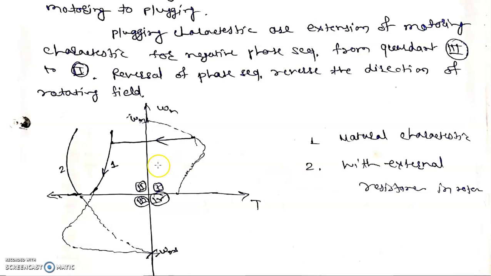There are two characteristics plotted here. This characteristic is the motoring mode characteristic, while characteristic 1 and characteristic 2 are for plugging. Characteristic 1 is the natural characteristic of induction motor drive when operating in the plugging case, while characteristic 2 appears if we insert external resistance in the rotor circuit.